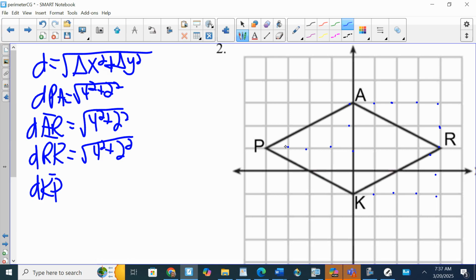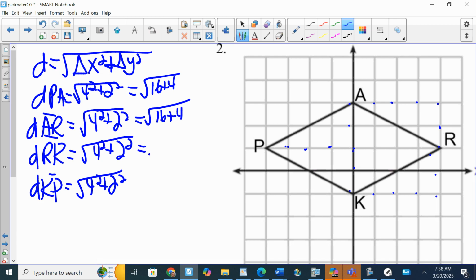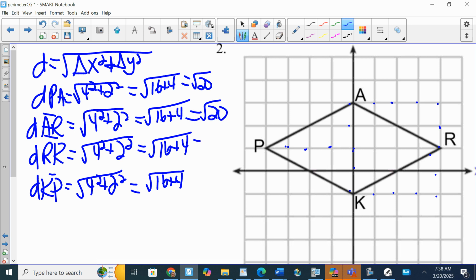And KP is 4 squared plus 2 squared. 4 squared is 16, 2 squared is 4, 16 plus 4 is 20, so each side is radical 20. If it helps, you can put this into the picture. You don't have to.